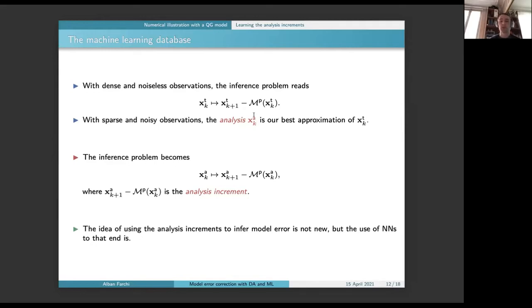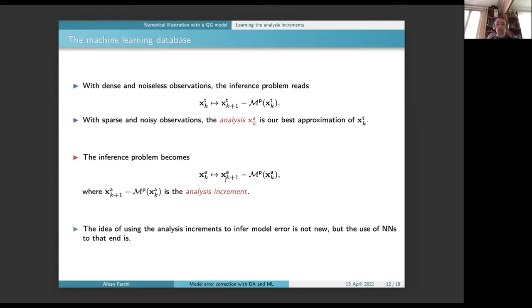However, with sparse and noisy observations, our best approximation of the truth is the analysis after the data assimilation step. So we replace the truth here, here, and here by the analysis, and we get a new inference problem, which is to predict the relationship between the analysis and this new quantity, which is the analysis increment.